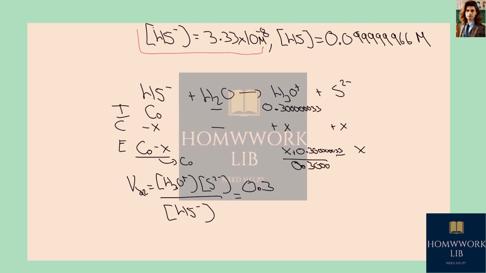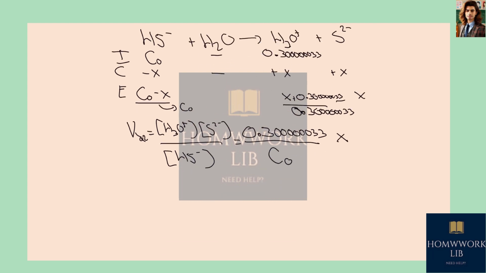Okay, so we get 0.3 divided by my value for C0, times X. So the quantity X is going to be, just for you to see that everything matches up, the value for Ka, which is 1.3 times 10 to the minus 13, times the value for C0.